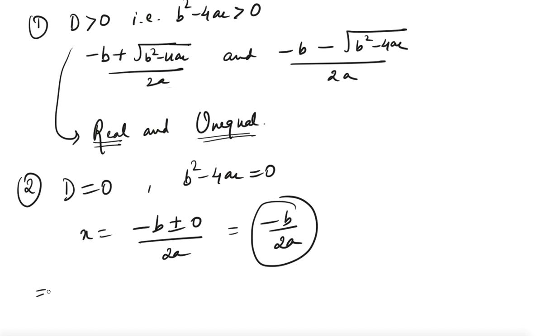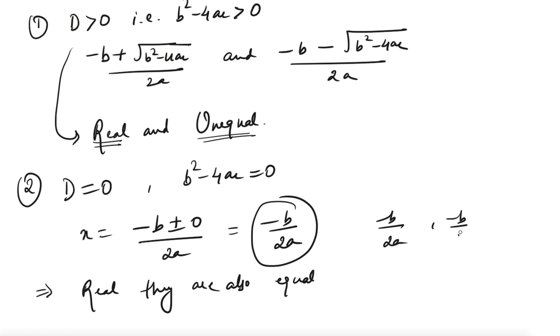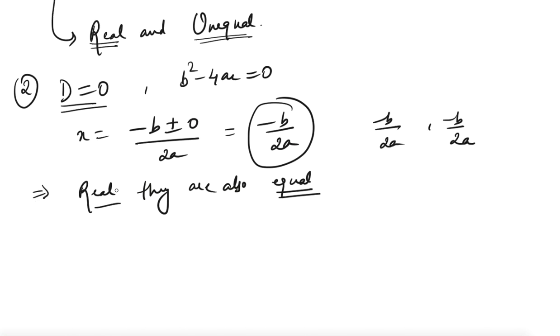So in this case I will say that the roots are real, but they are also equal. Both the roots are minus b by 2a and minus b by 2a. The roots are still 2, but they are real as well as equal. They have the same values. This case you will get when D is equal to 0.